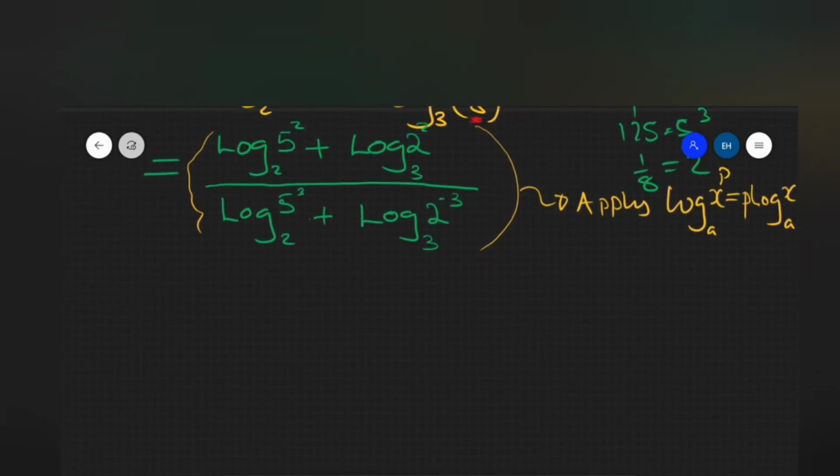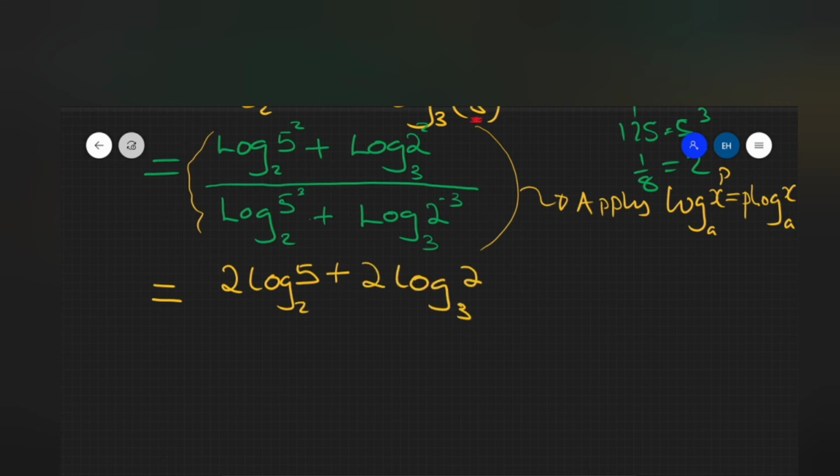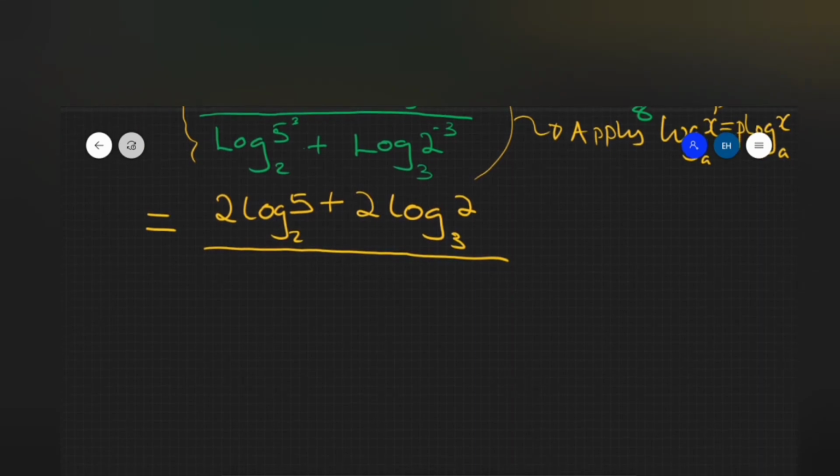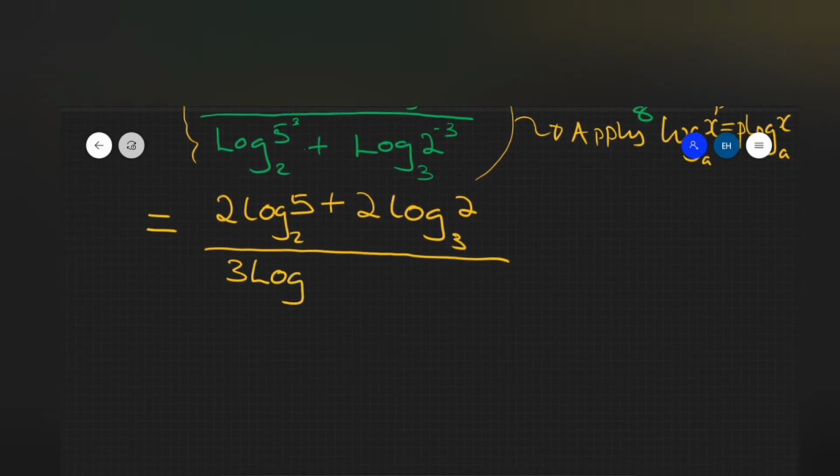So this will lead us to 2 log 5 plus 2 log 2 base 3. Okay, this is base 2, don't forget that. Then the other one will be 3 log 5 base 2.